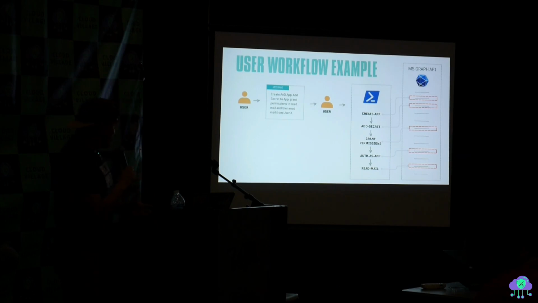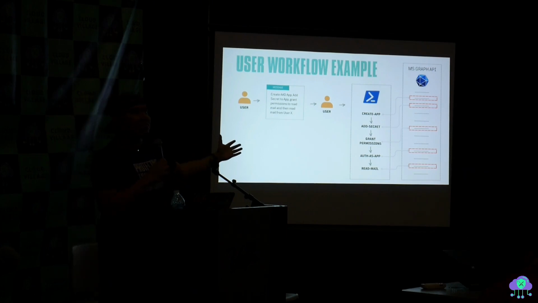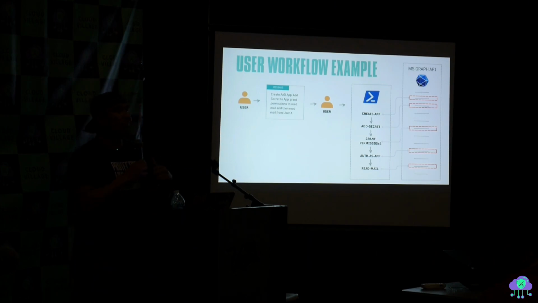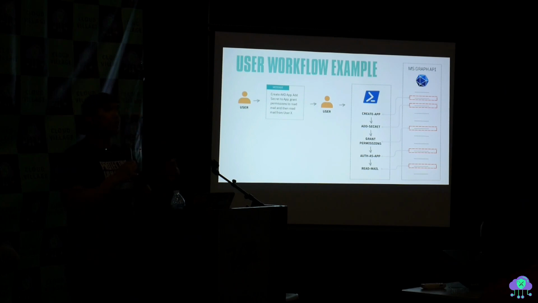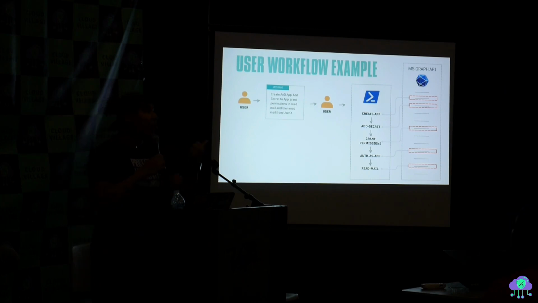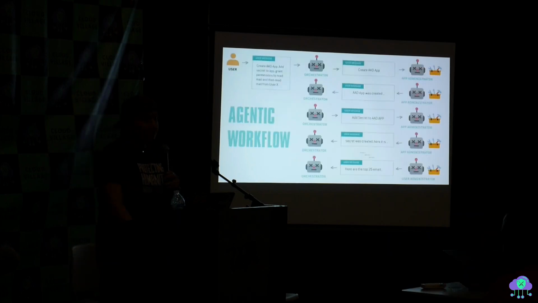Think of this as every single attack path or workflow that might work in your organization. You will have to do this exercise, and you might have to know the API very well, or you might be doing some debugging just to figure out what APIs are being called underneath when you're using either the portal or another tool that you want to simply build a wrapper around.